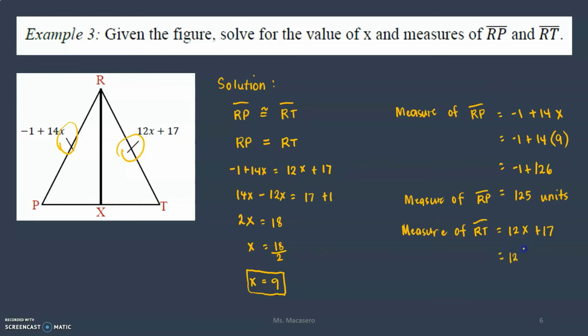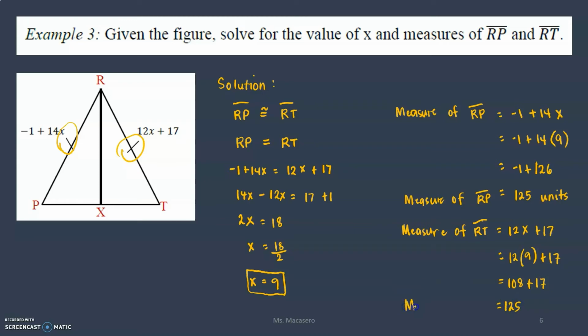Substitute, you have 12 times 9 plus 17. So you have 108 plus 17, and that will give you 125.